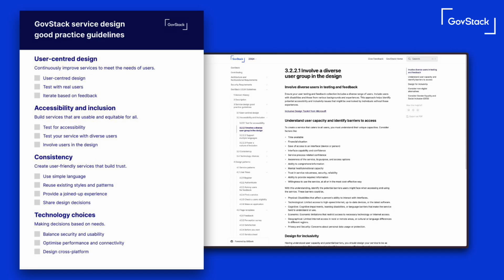And why we thought this was important is because GovStack country partners are working in different global contexts. Some teams probably find the idea of service designing or user-centered design completely new. Then these guidelines would assist that. These are guidelines about user-centered design, so accessibility and inclusion, consistency, technology choices, and so on.